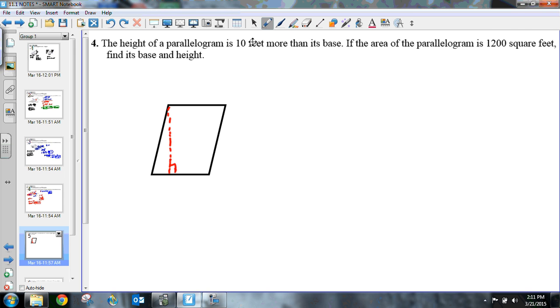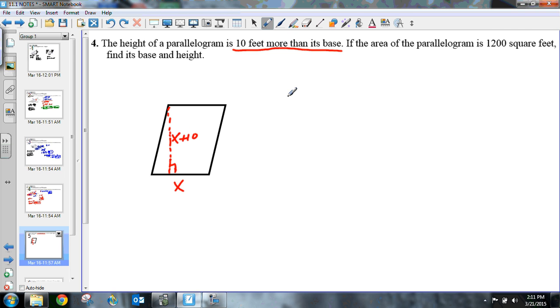My height is 10 feet more than its base. So when I see that, 10 feet more than its base, then I'm going to call the base length x. Okay? And so if my length here is x, because it's not given to us, then I can say that my height is 10 feet more than the base. So I'm going to write that this is x plus 10.